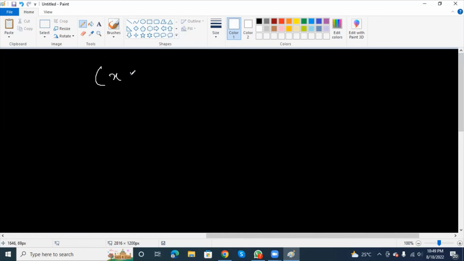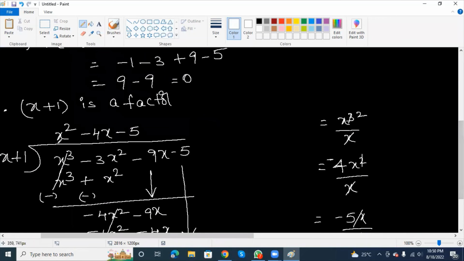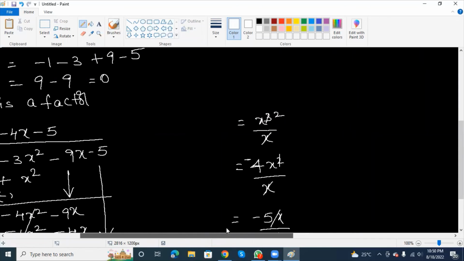We got x plus 1 as a factor by the trial and error method, and also we got the quotient as x square minus 4x minus 5. This quadratic polynomial we got as a quotient when we divide this one.